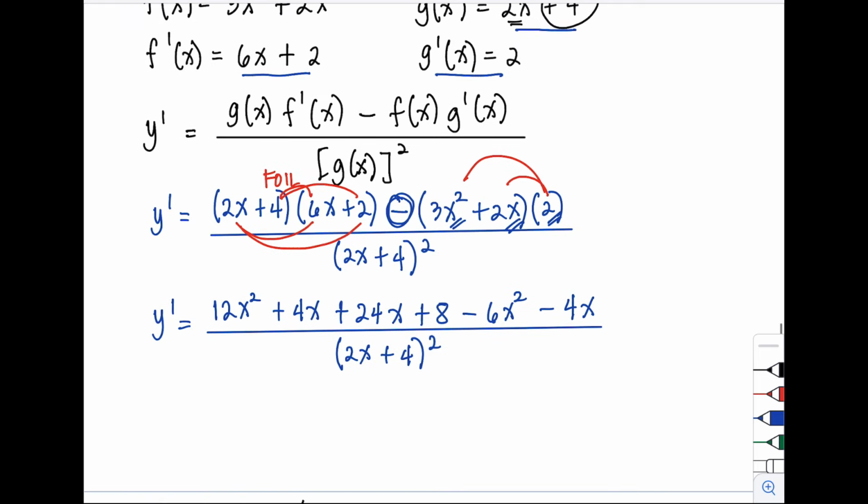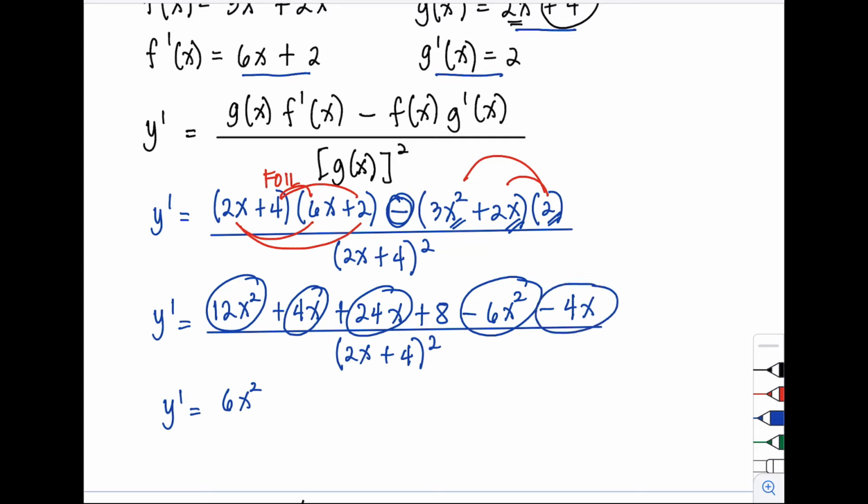Okay? Then sa numerator guys, just combine similar terms. So ang final answer natin, we have y prime equals, so 12 minus 6, that is 6x squared. Then 4 plus 24, that's 28, minus 4, we have 24x.